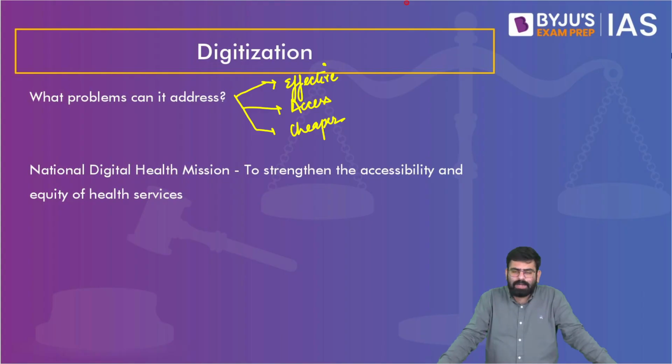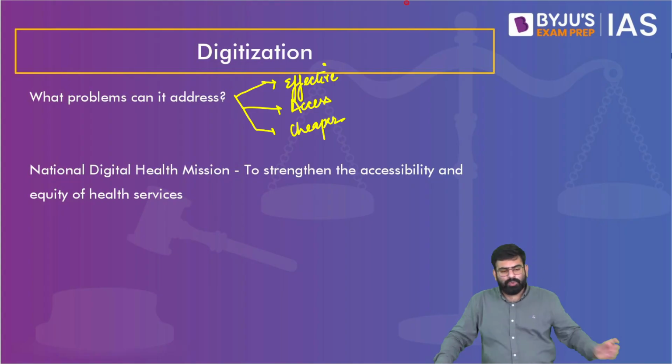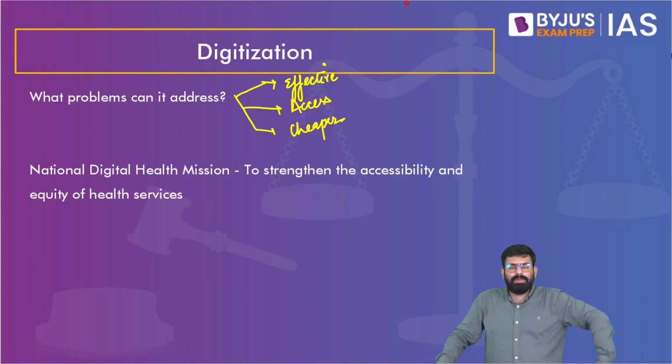And when we are providing these services through digital means, it becomes a lot cheaper, right? Because the one who has to get the medical services would not have to travel all the way to other areas. They can get these services sitting at home. Similarly, to provide these services, now the doctors or the healthcare system does not need a lot of physical infrastructure.